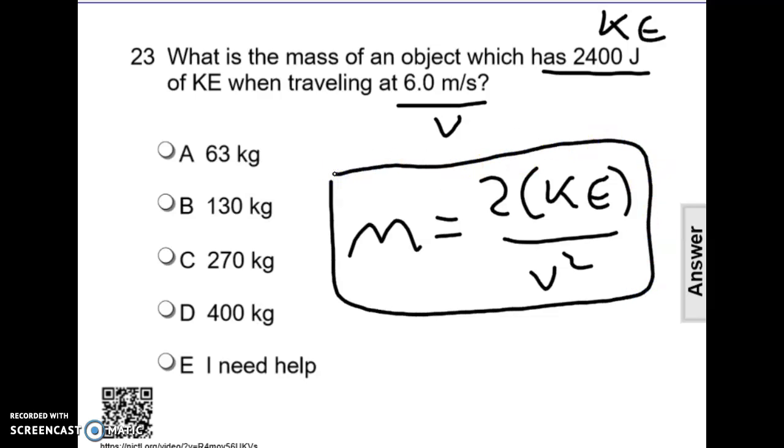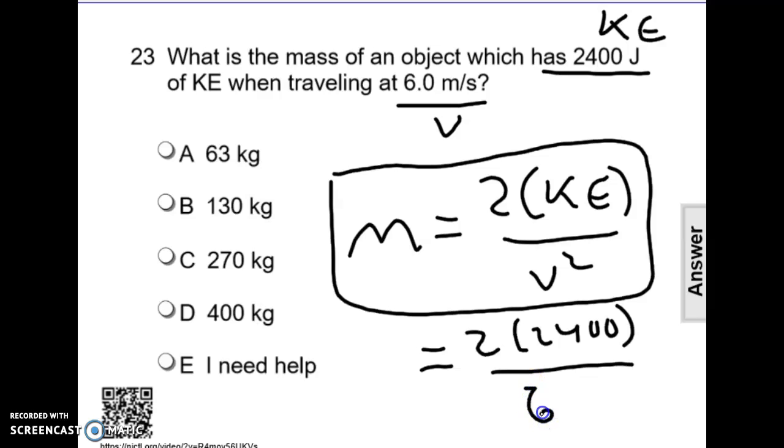So let's go ahead and try and plug some of the stuff in right now. The mass is equal to 2 times the kinetic energy, which is 2,400, divided by how fast it's going, which is 6 squared. Now, I'm sorry, but I have to grab my calculator. Give me one moment. And we'll do this math right now.